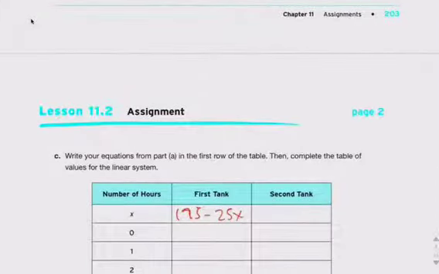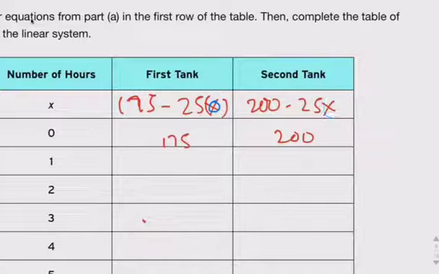They're easy because at 0 hours, 175 is 175 and 200 is 200. That's how much water is in the tank at 0 hours, so put 0 in here. Of course, 0 in there. You get that, okay? That's how we get that.